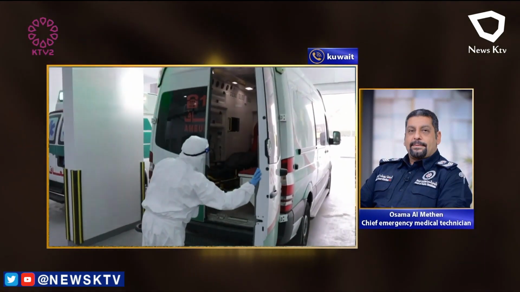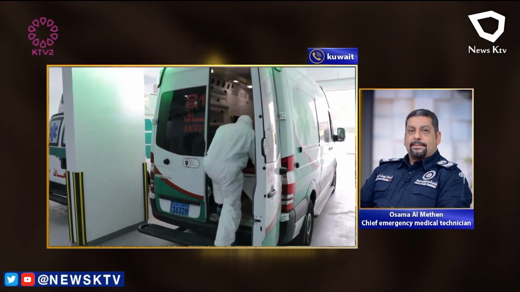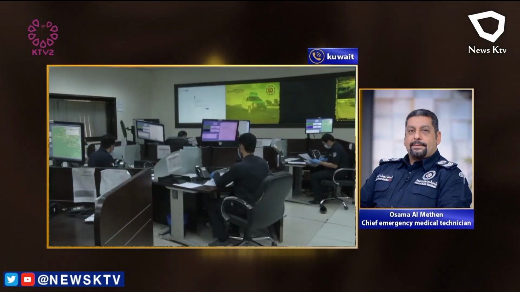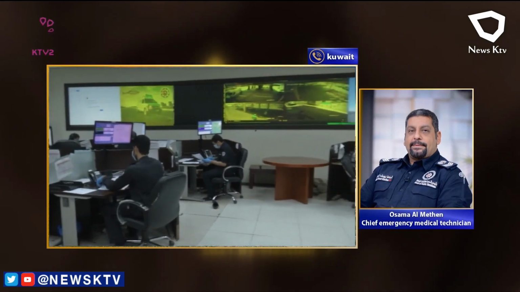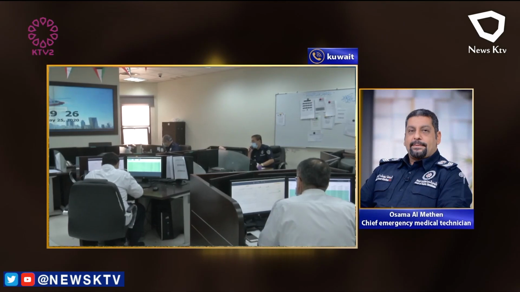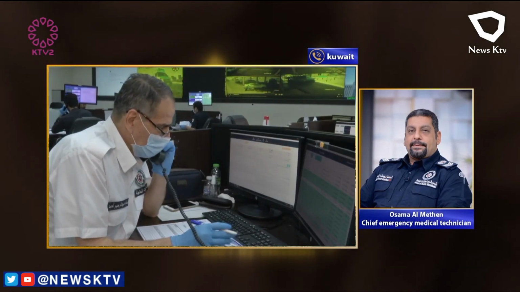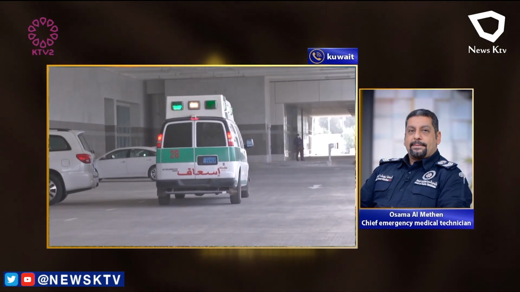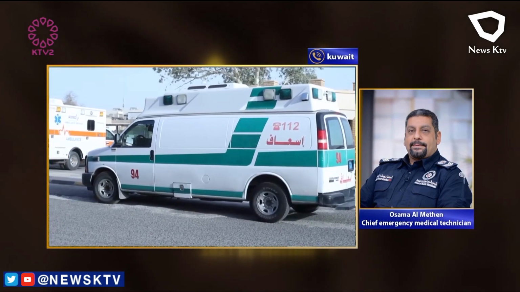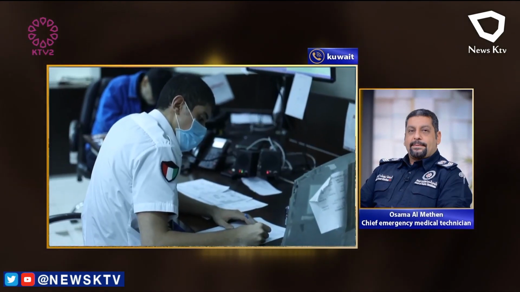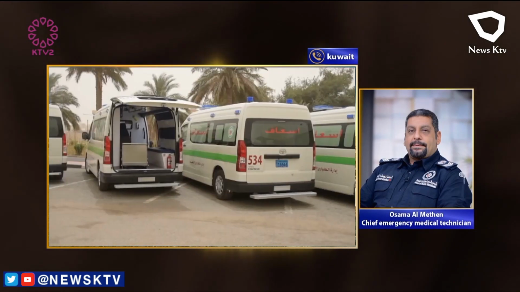And for precautions measurement, we have prepared crews of EMTs and paramedics stationed in those areas of elections. As far as I know, there's about 20 or 25 schools in the district, and we have 2 EMTs and paramedics inside the school and 2 outside on the ambulance vehicle, ready for any cases.